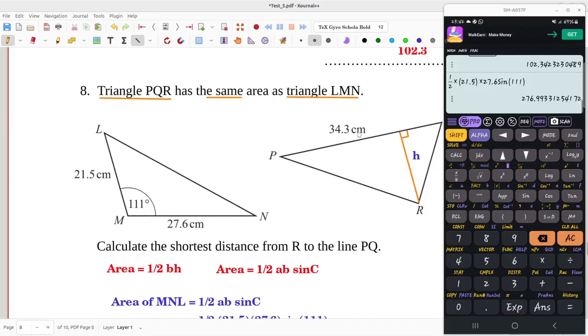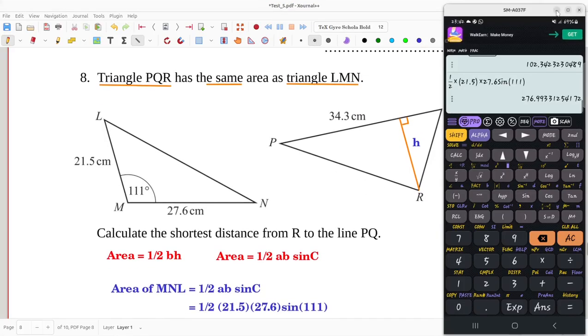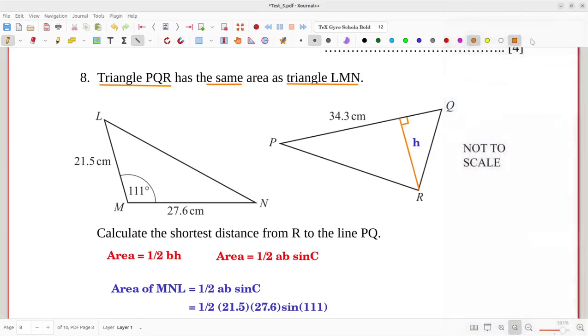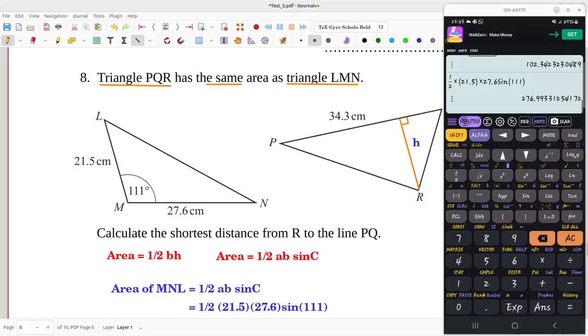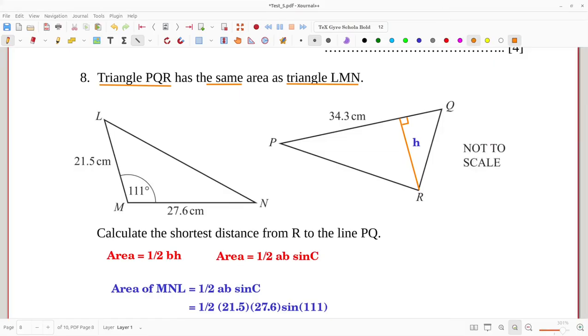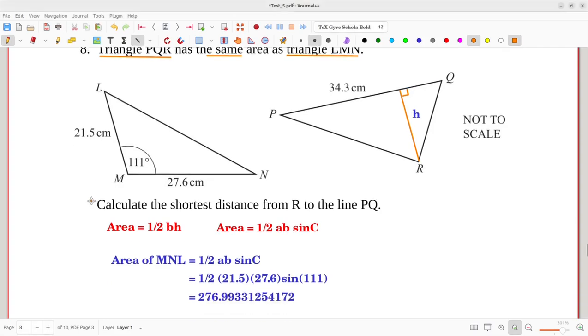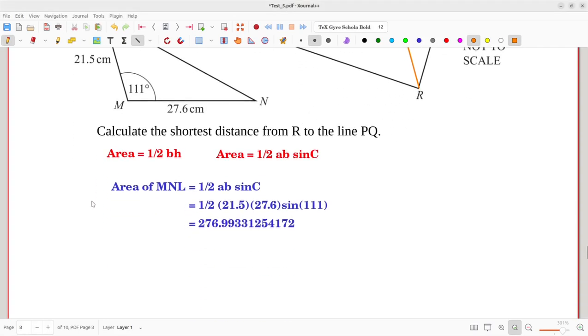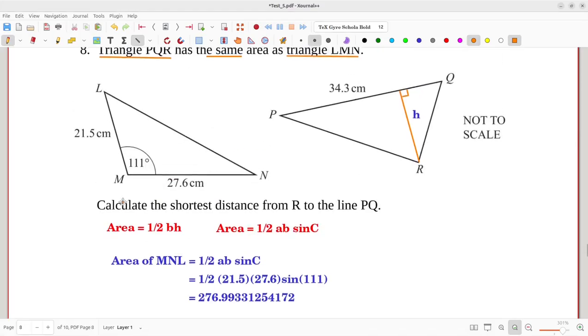So the area of the other triangle PRQ is equal to the 176.993 centimeters squared.